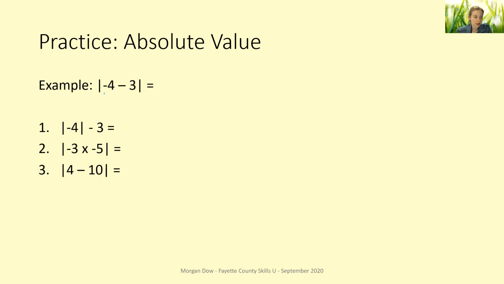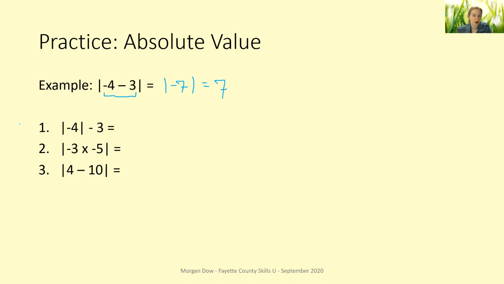So what I'm going to do is calculate -4 minus 3 and then take the absolute value of that. So what is -4 minus 3? I'm starting at -4 and I'm subtracting a positive, so I want to decrease. So I want to travel to the left on my number line. So I would get -7. The absolute value of -7 is 7.